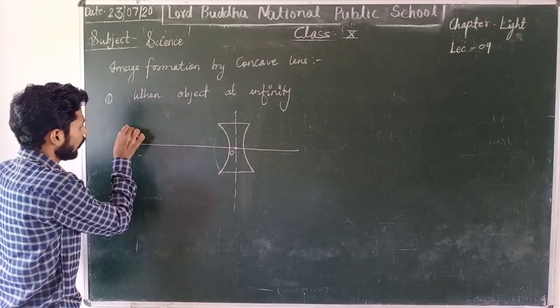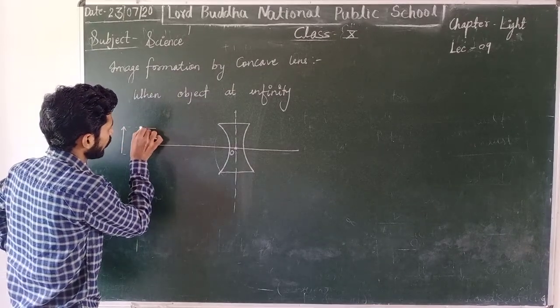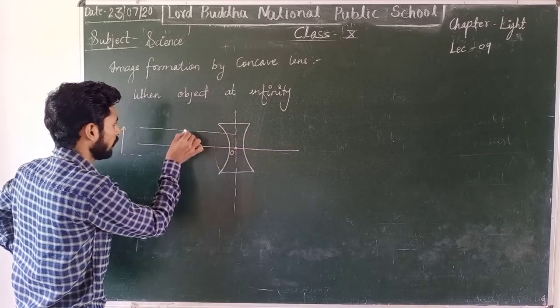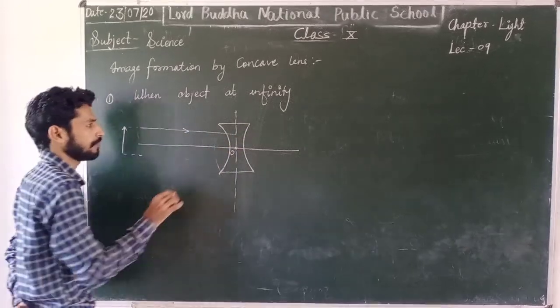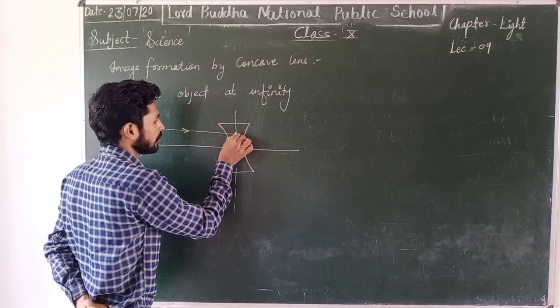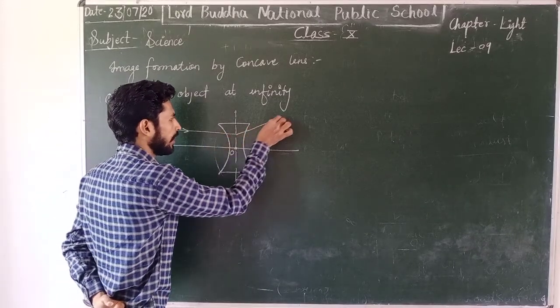Now if any ray of light is coming from infinity, that will be parallel to the principal axis, after the refraction it will be divergent.